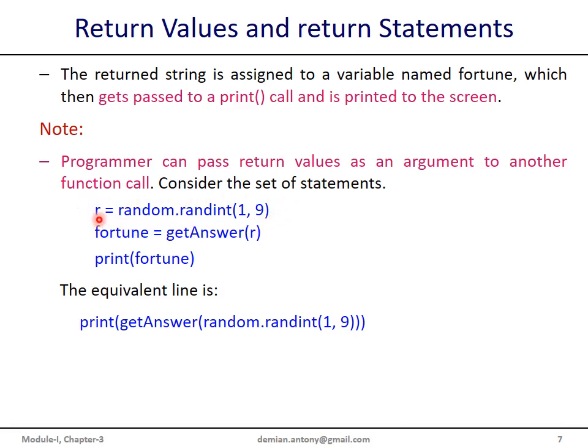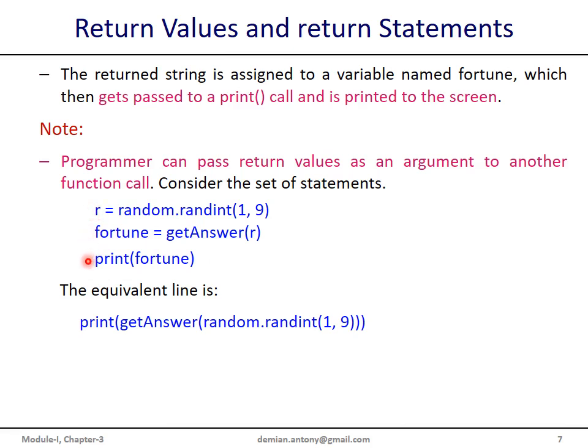The first statement will generate a random number, and the random number is assigned to a variable r, and getAnswer is a function which returns a string which is evaluated based on the parameter r, and the returned string is printed onto the console.